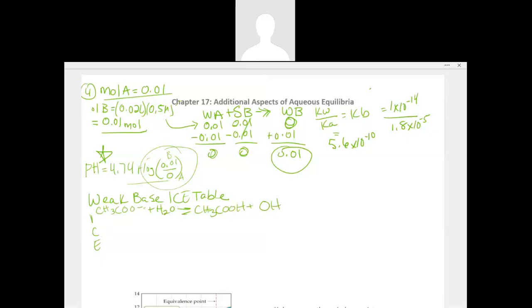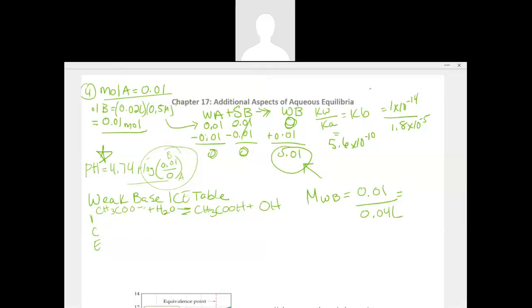Let's look at our initial terms. We have to find the initial concentration of our acetate. In order to do that, we take our weak base and find its molar concentration. We know we have 0.01 moles from our table up above, and we divide by our total volume, which at this point is 0.04 liters.